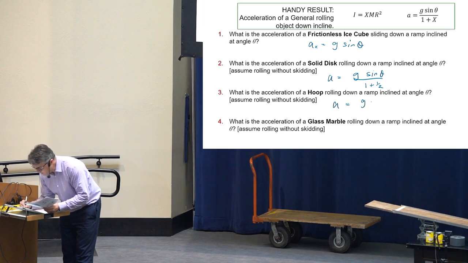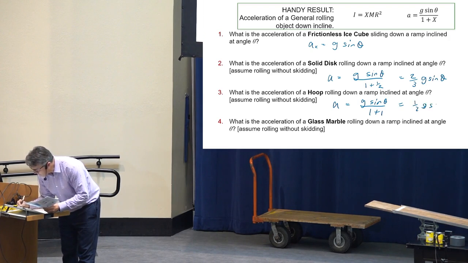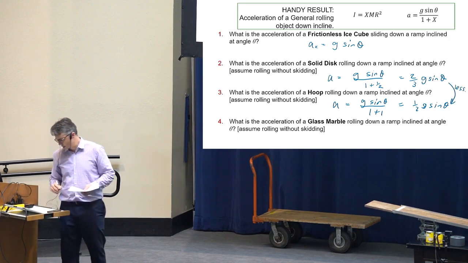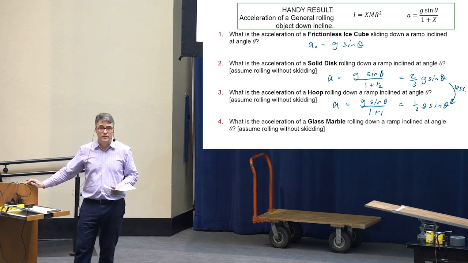A is going to be g sine theta divided by 1 plus 1. So this is 3/2 on the bottom, so it's 2/3 g sine theta. And this is going to be a half g sine theta. A half is less than 2/3. And that is why the solid disk always wins the races.